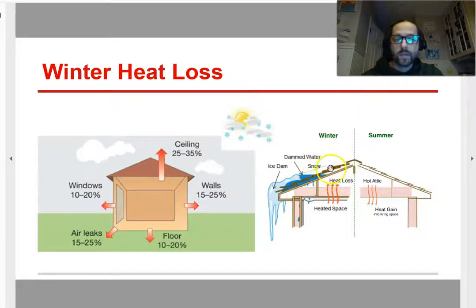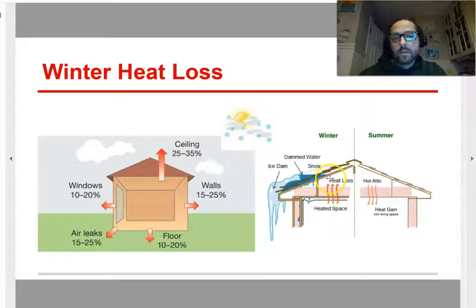Now it's possible that there could be a stick that fell down on top of the snow that's dark and absorbs the sunlight, and there are other ways that this can happen. But very frequently, if you see a big bare spot, that's often a sign that it's actually heat coming up through the unconditioned attic space.